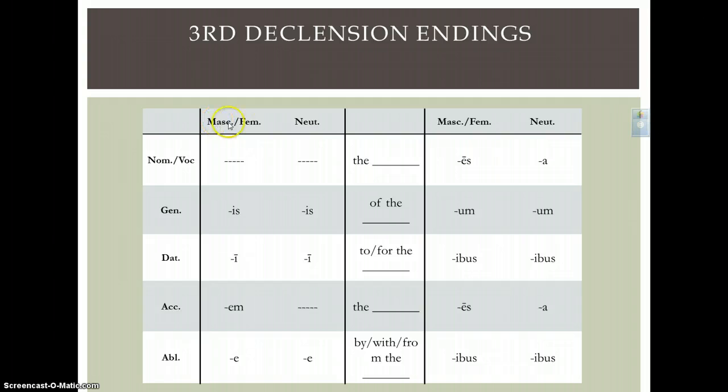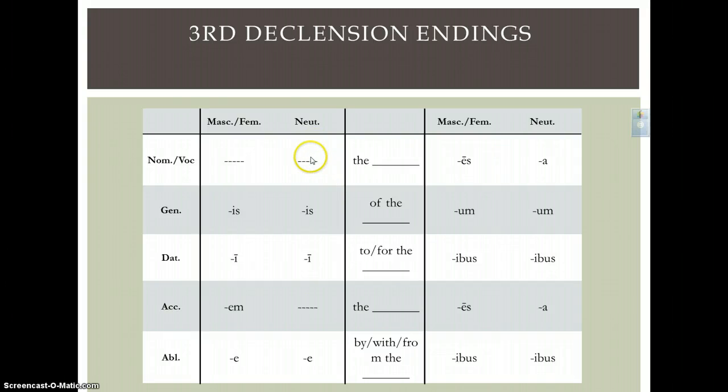You will notice that the masculine and feminine decline one way, and the neuter has a slightly different declension. So let's review these endings. Masculine, feminine, the endings are blank, is, e, m, es, um, ibus, es, ibus.